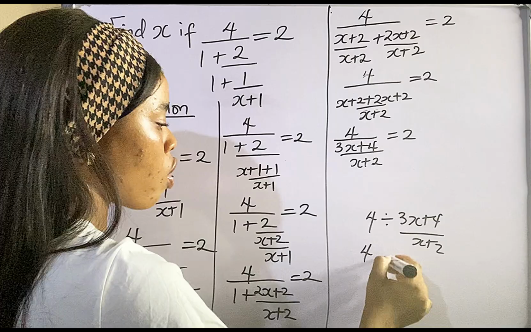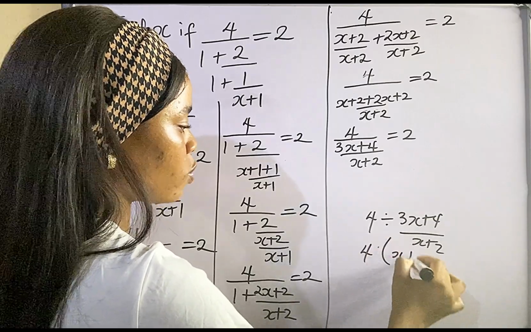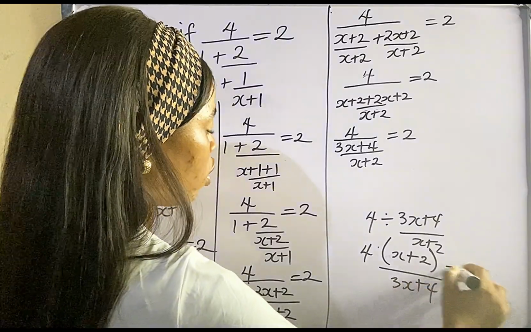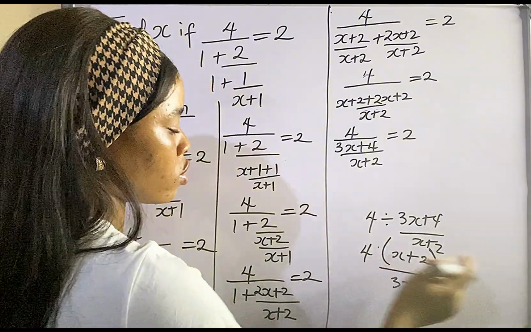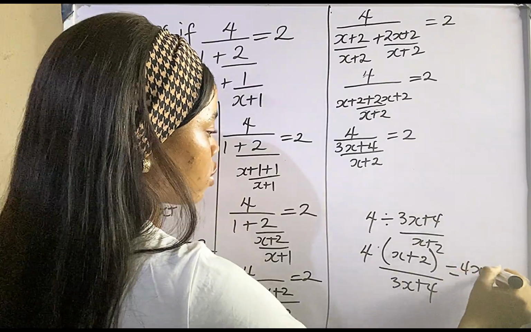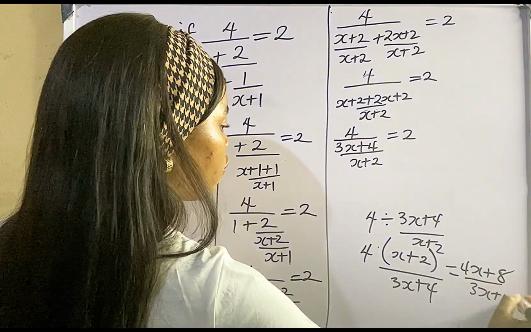So this becomes 4 times, I'm going to use brackets, 4 into bracket x plus 2 all over 3x plus 4. So this becomes 4 times x, that's 4x, plus 4 times 2, that's 8 over 3x plus 4.